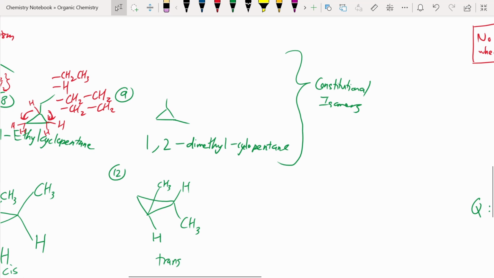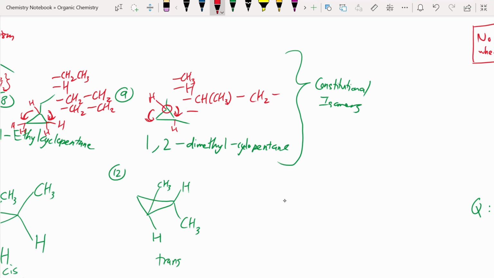For 9, you realize that hey, enantiomerism can occur because it's bonded to a methyl group and a hydrogen. So there's a hydrogen here, and if you go clockwise and anti-clockwise, in the clockwise direction you'll have CH3 and then CH2.